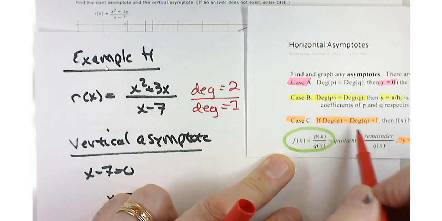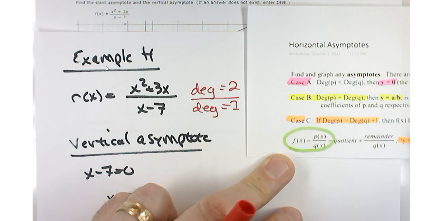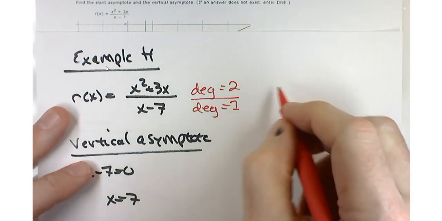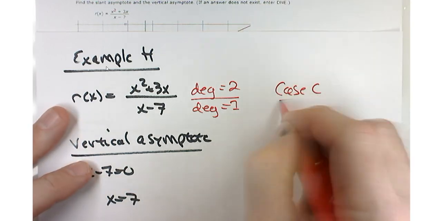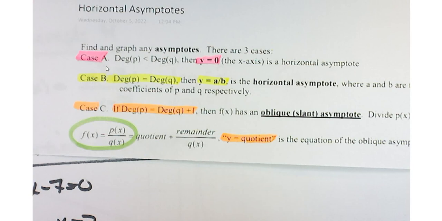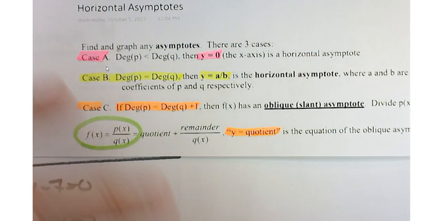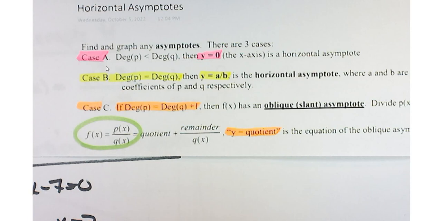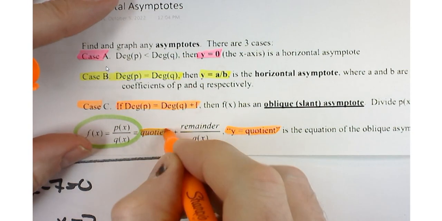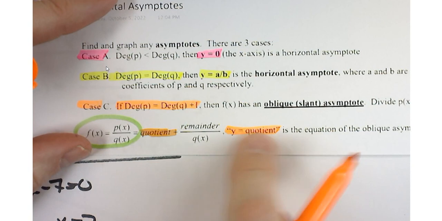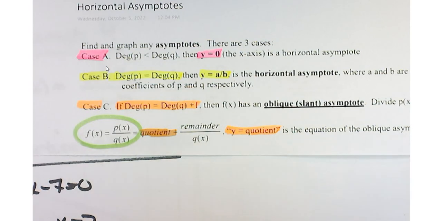So it's case C, right? Now, in that case, what did I suggest you do? Well, I suggested you find the quotient. You're going to divide the numerator by the denominator, and that quotient is going to be the equation of what's called your slant asymptote or oblique asymptote.